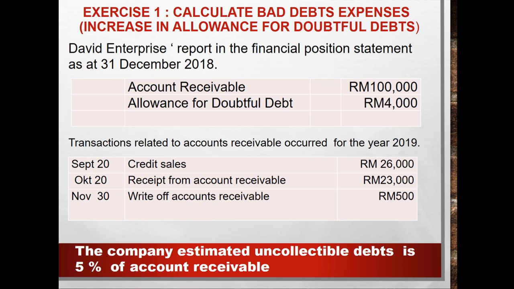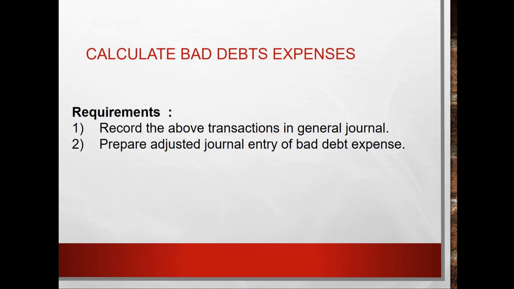It is given that the company estimates uncollectible debts at 5% of accounts receivable. So you have to calculate bad debt expenses, but before that you must record all the transactions in the general journal and prepare the adjusting journal entry of bad debt expenses.